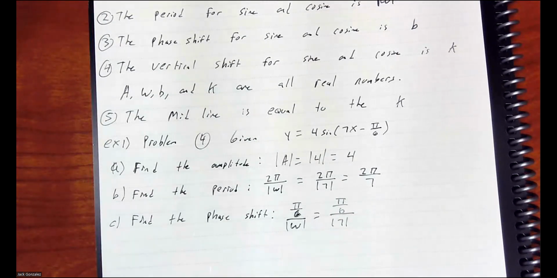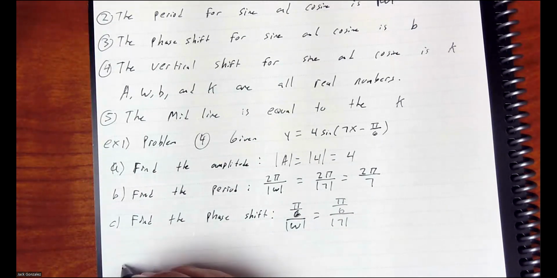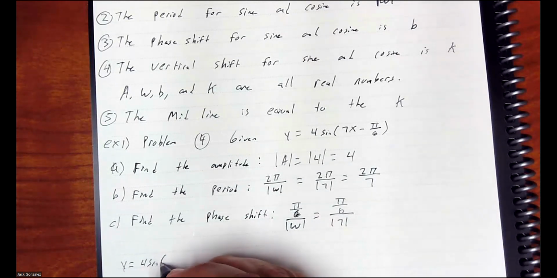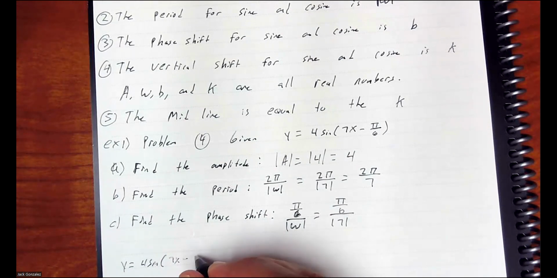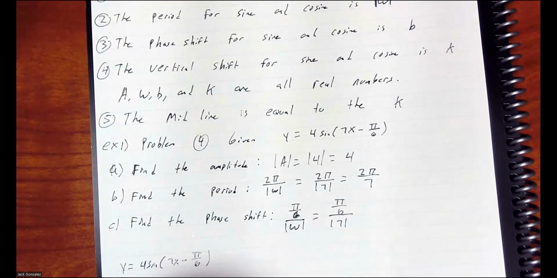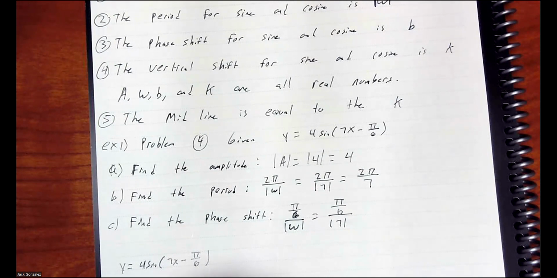What I'd prefer you do, just to get used to it, is write the equation down. I don't care how you do it, I'm just giving you advice, as long as it's legit. Factor 7 from both.